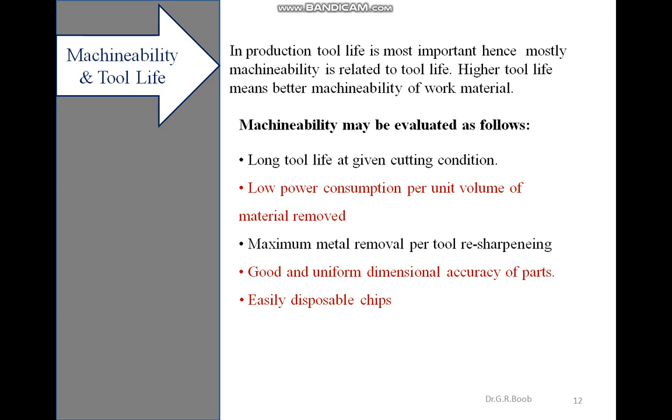Generally in production, tool life is given the most importance. Hence machinability is mostly related to tool life. Higher tool life means better machinability of the work material. That way we can define machinability.